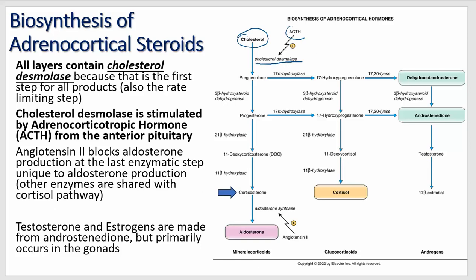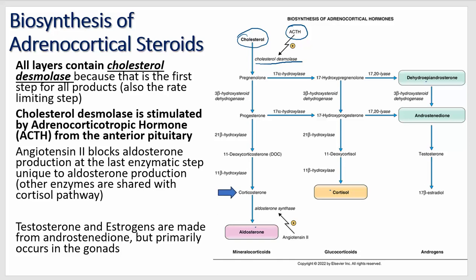That is activated by adrenocorticotropic hormone. Important to remember this. ACTH is the stimulator of aldosterone, cortisol, and the androgens. These are your primary players, the ones that are in colored boxes here. So adrenocorticotropic hormone is turning on the production of that stuff.